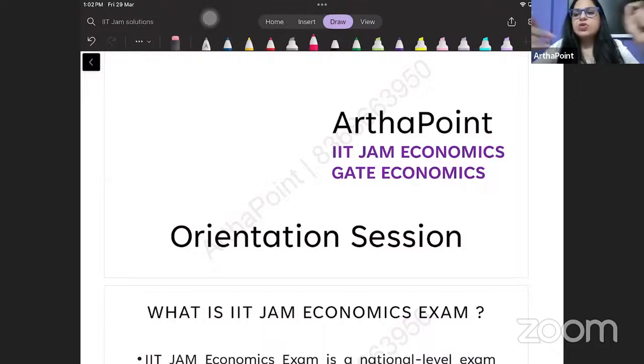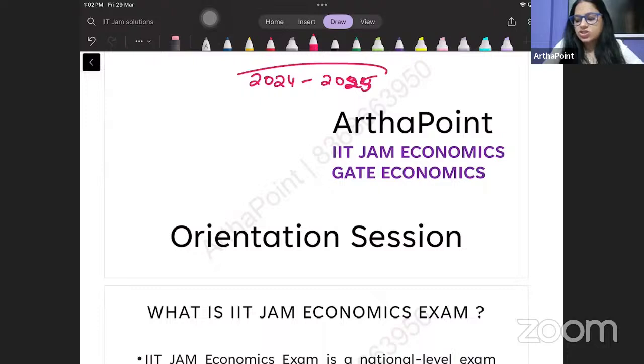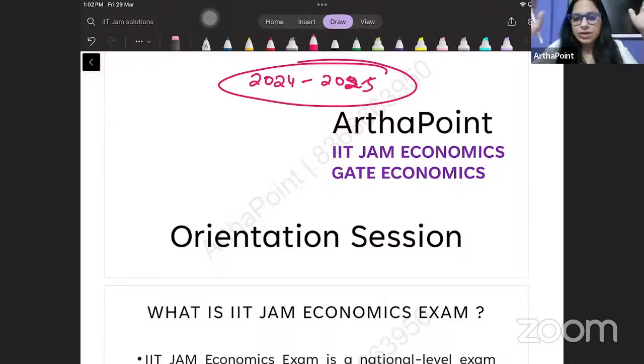I will tell you what is IIT JAM Economics, क्या होता है IIT JAM Economics, who is eligible to give the exam of IIT JAM Economics, what is the cutoff for IIT JAM Economics in previous years, what is the syllabus of IIT JAM Economics, and at last we will be talking about the upcoming batch that we will be starting for the year 2024-25 IIT JAM Economics paper. So we will also be talking about this. ठीक है बेटा? Okay, let's quickly start the session.